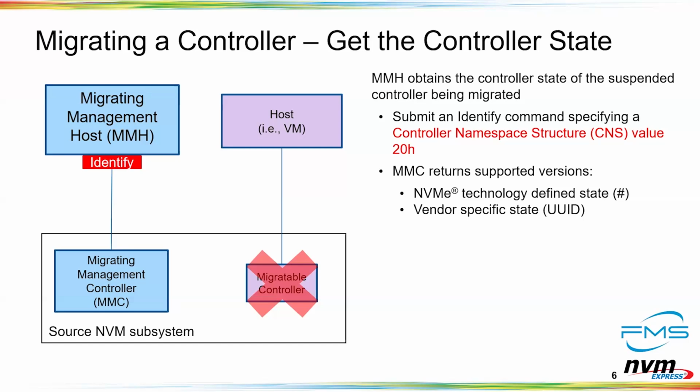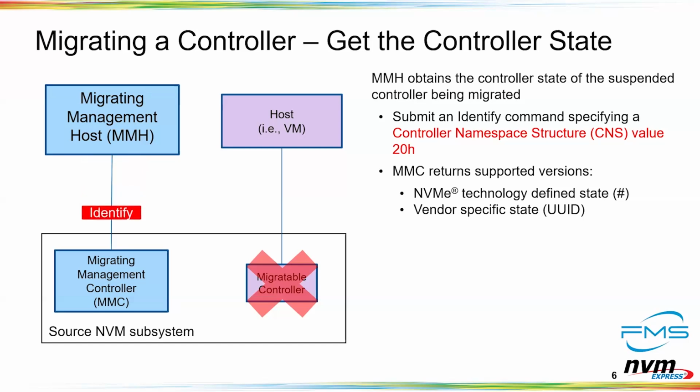There are two types of controller state. There's NVMe defined controller state, and we can have multiple versions, so as we do more ratified operations in the future, we can change the state and provide those features for state to be moved as part of live migration. Then there's also a vendor specific area, where we allow UUIDs to identify them, and outside the scope of the specifications you can define what that state looks like for vendor specific.